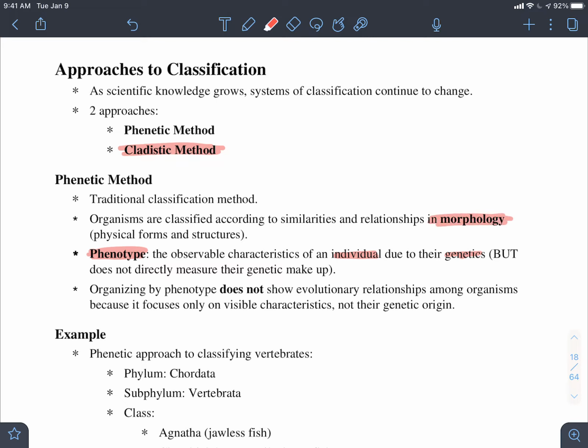Morphology is another word for the physical forms and structures. Morphology is the study of phenotypes, or even the comparison of phenotypes. Organizing by phenotype does not show evolutionary relationships among organisms because it focuses only on the visible characteristics, not the genetics that are at its origin.